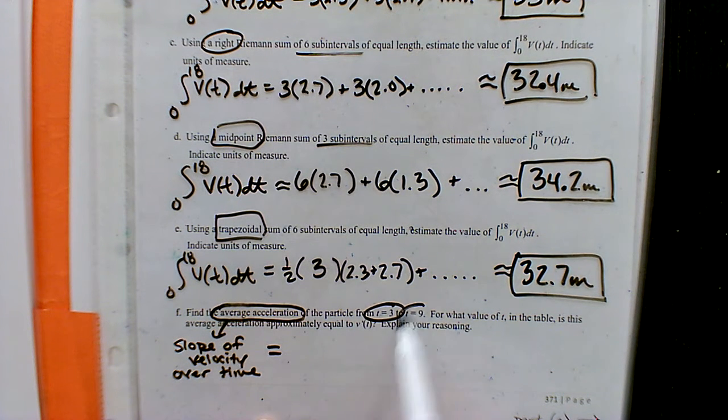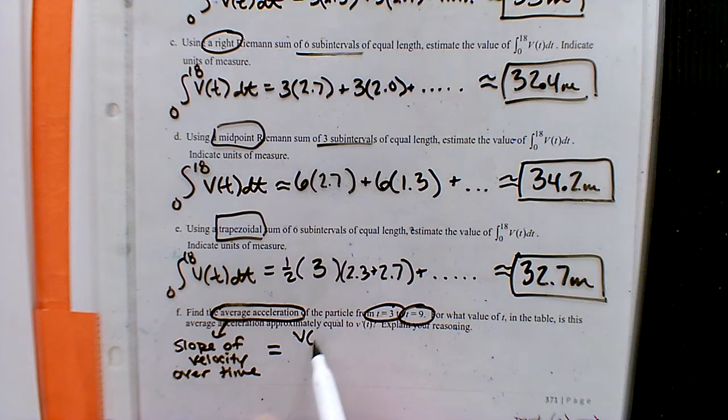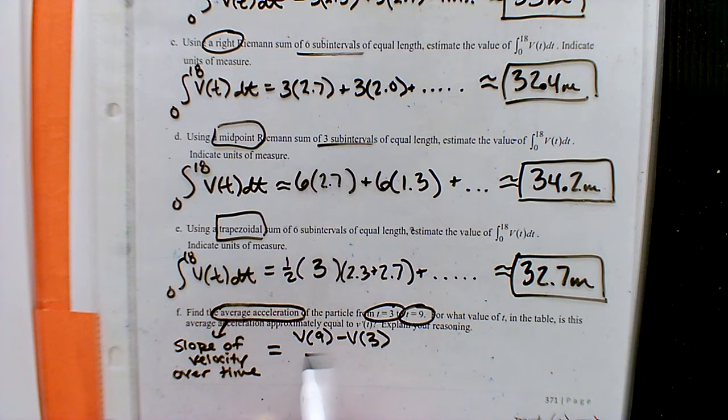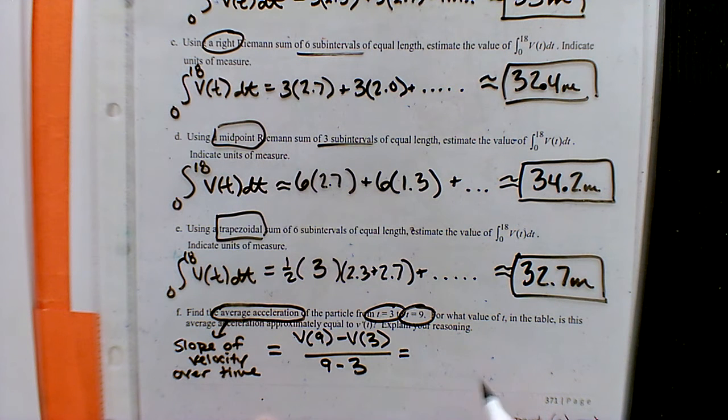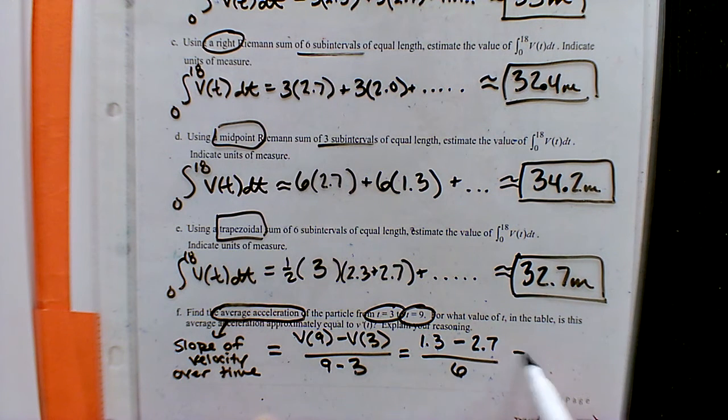All right, so we're going to use the time 3 and the time 9 from the table, and we're going to utilize those 2 points to find the slope. So if you're going to write it out mathematically, that would be v of 9 minus v of 3, your change in the y's, over 9 minus 3, aka the change in the x's, or t's in this case. Based off the table, the velocity at 9 is 1.3, velocity at 3 is 2.7, and 9 minus 3 is 6.